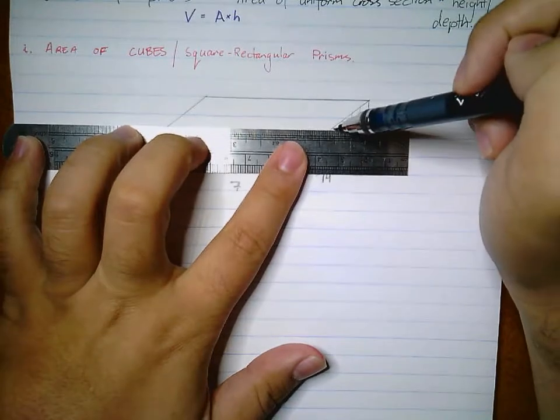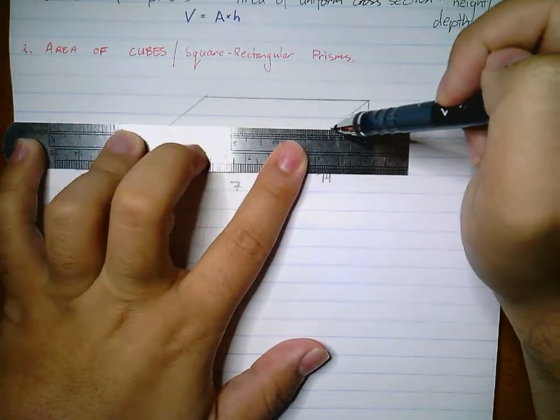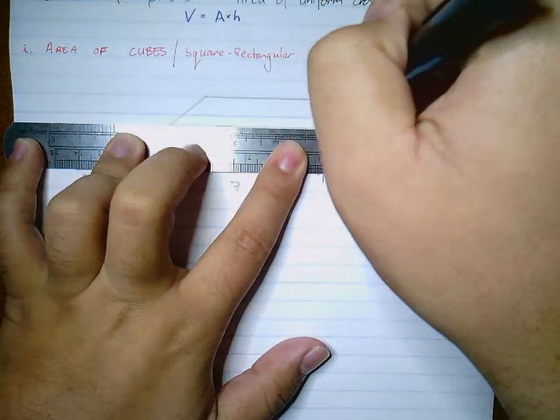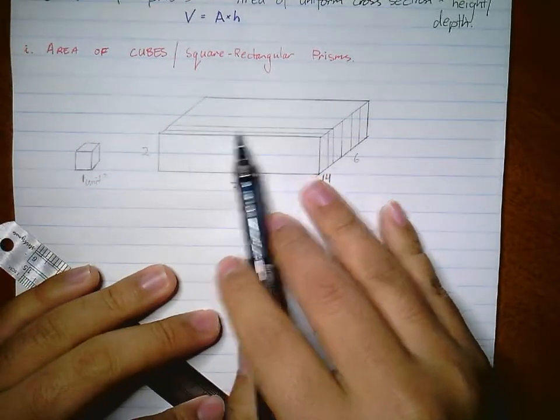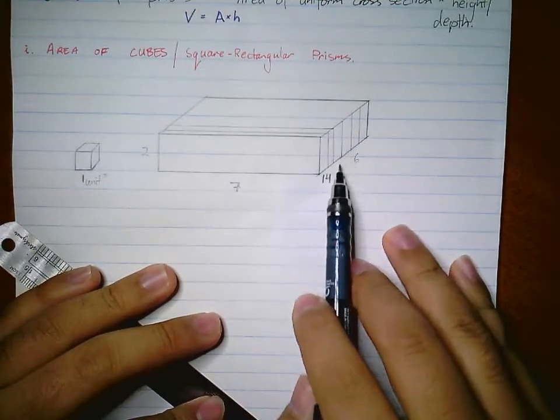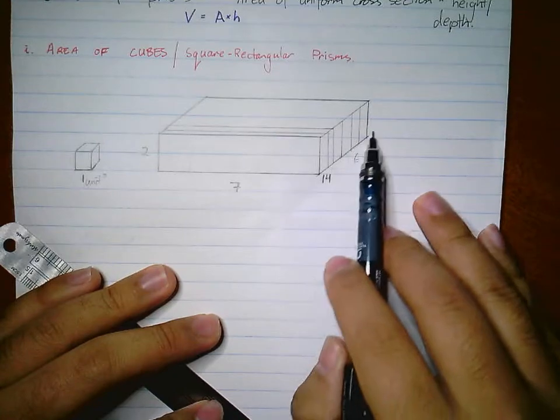So if I were to draw another layer here, oops, there's another layer, there's another layer, there's actually 6 layers deep here.